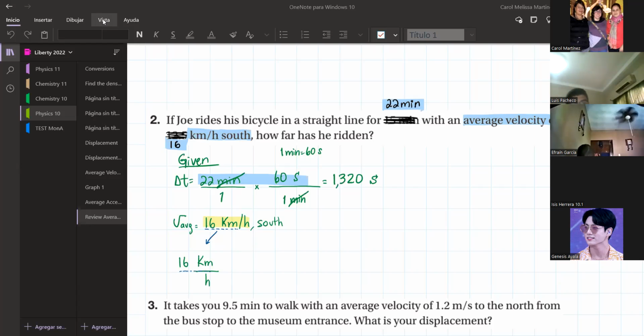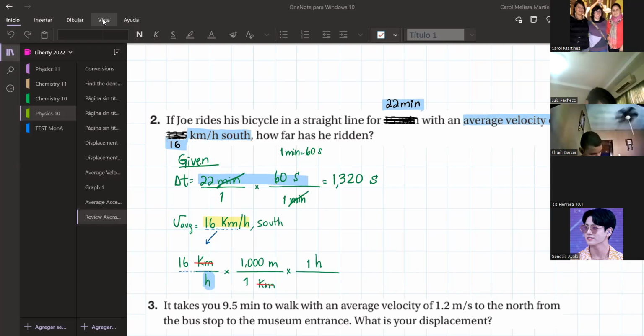So, remember the procedure that we do to convert kilometers per hour to meters per second. I need to write my kilometers down. How many meters are in 1 kilometer? 1,000 meters. You cancel kilometers with kilometers, and we continue. Hours are in the bottom, so I need to write my hours in the top.